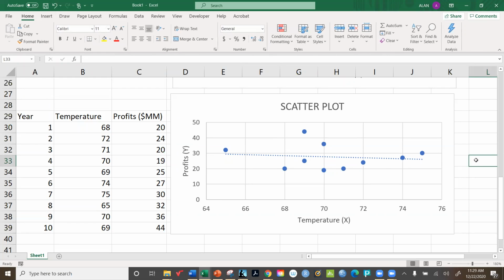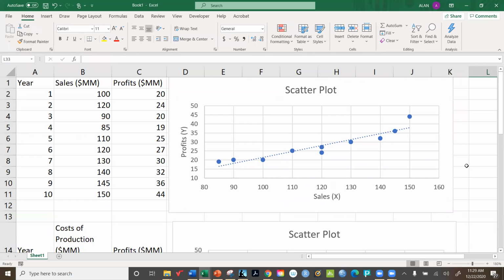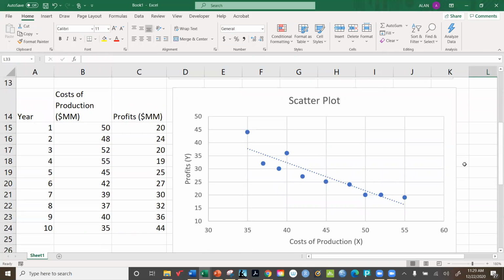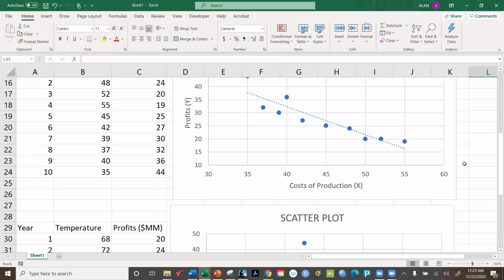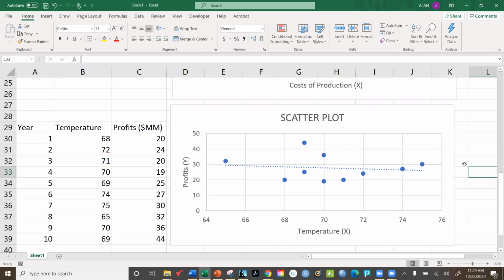Okay, so we got the three possible cases. We have a positive relationship here between profits and sales. We have a negative relationship between cost of production and profits. And then finally, we have essentially no relationship between temperature and profits.